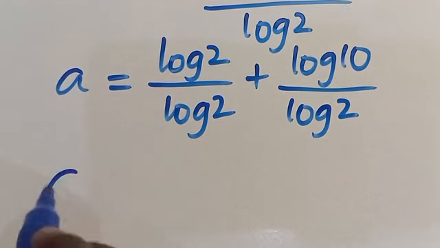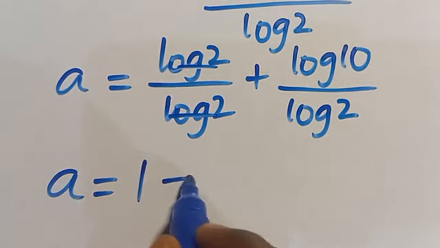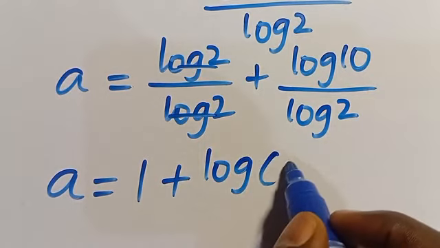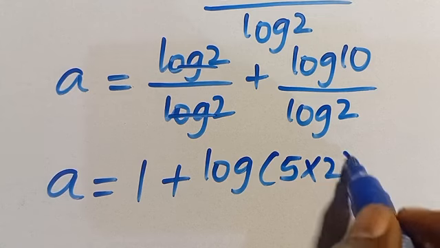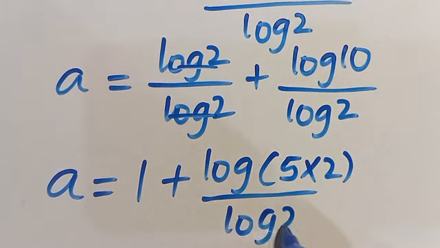So we're going to have a equals, this we also divide by this to give us 1 plus log, you can have 10 to be 5 times 2, divided by this log 2.